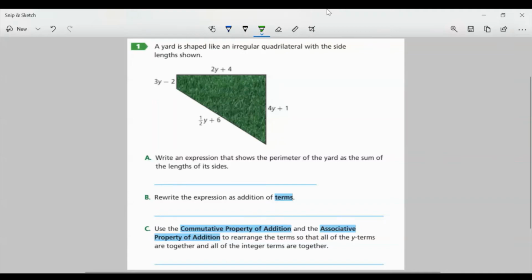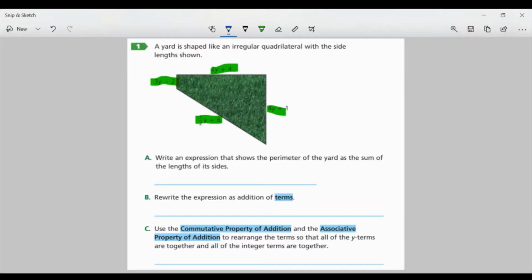Let's look at task 1 on page 230. A yard is shaped like an irregular quadrilateral with the side lengths shown. We have 2y plus 4, 4y plus 1, 1/2 y plus 6, and 3y minus 2.